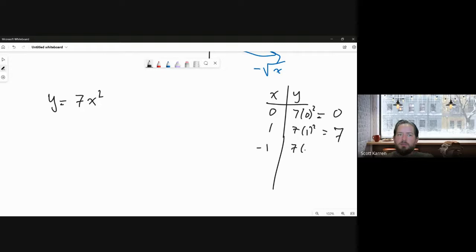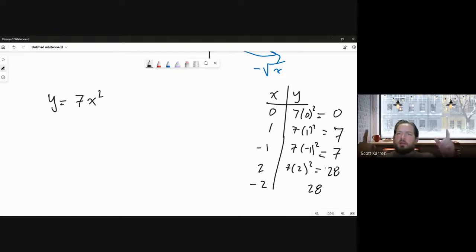At -1, 7 times -1 squared is still 7, because -1 squared is still 1 times 7. And when we get to 2, I think we'll see what's happening here. 2 squared is 4, multiplied by 7, and I get 28. And I think you'll see that at -2, you'll also get 28.